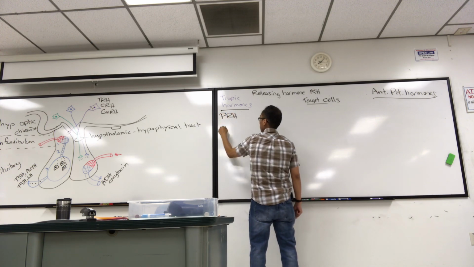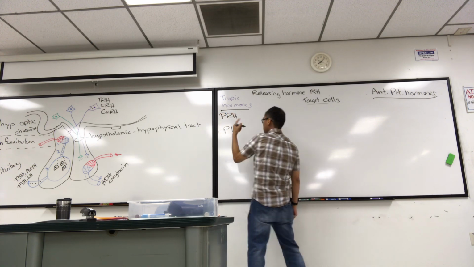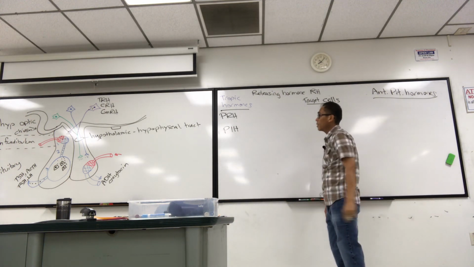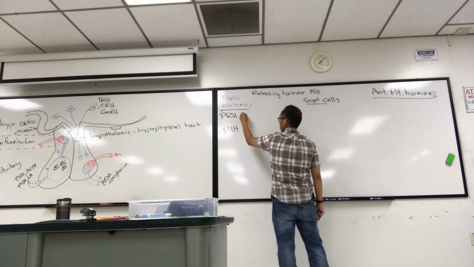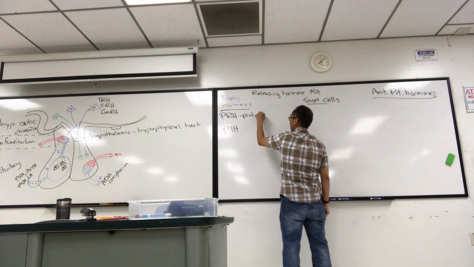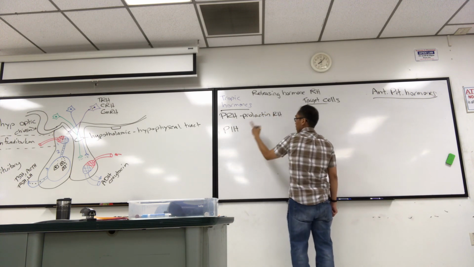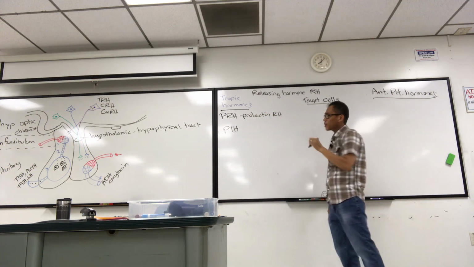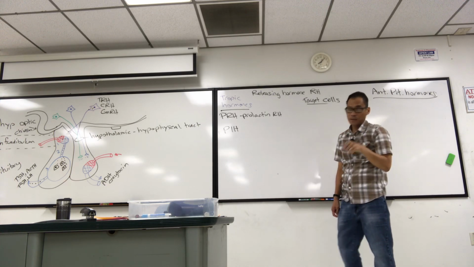So there's a PRH and there's a PIH. The I is inhibitory. So there's a prolactin-releasing hormone, prolactin RH, and a prolactin-inhibiting hormone. The molecule has been identified as dopamine, so I'll just put dopamine.